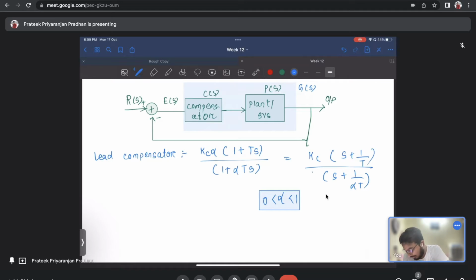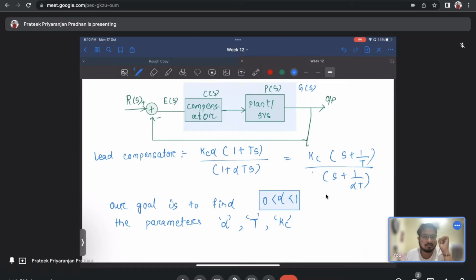In the compensator, our goal is to find the parameters alpha, T, and Kc. If we calculate these three, then we can say our compensator has been designed. In this question also we need to find out these three parameters.